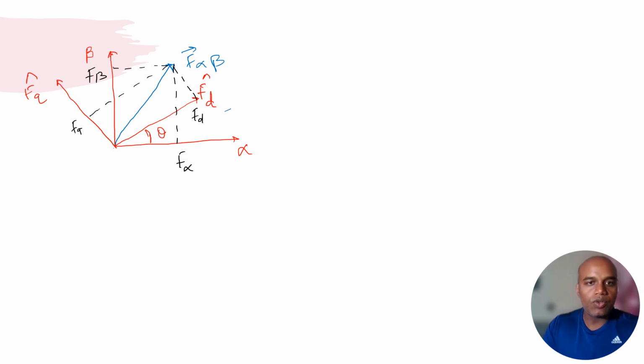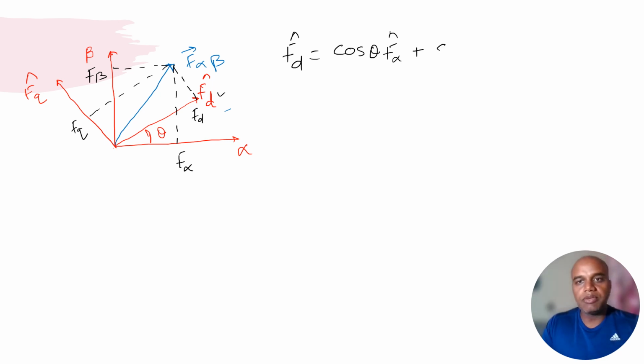Now I can have this relation: fd cap is equal to, taking this unit vector fd cap and its projection over alpha, which is in terms of theta itself, cos theta f of alpha cap, plus the projection over the beta axis, which gives sine theta f of beta cap.